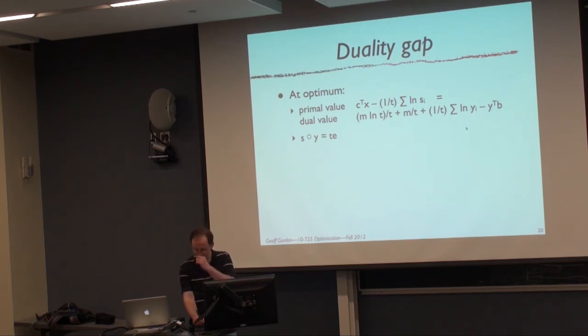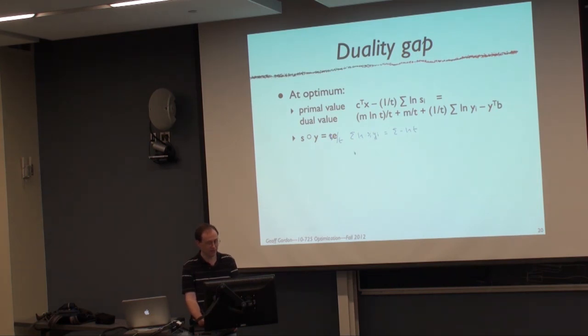And so from this, right, we know that sum of log si yi, well, si yi is just, whoops, not t, but 1 over t, is just sum of minus log t, right?